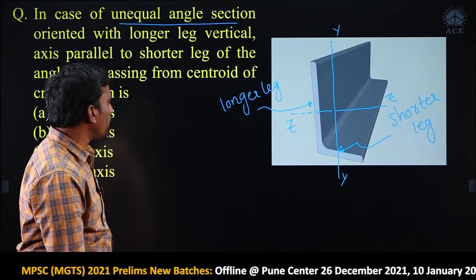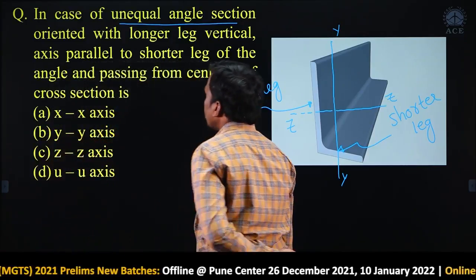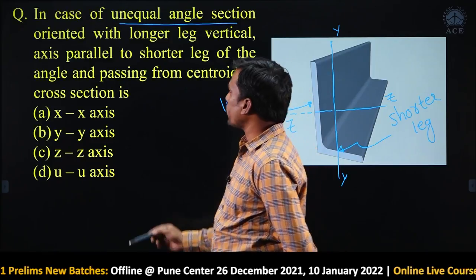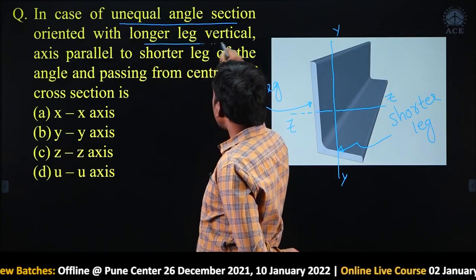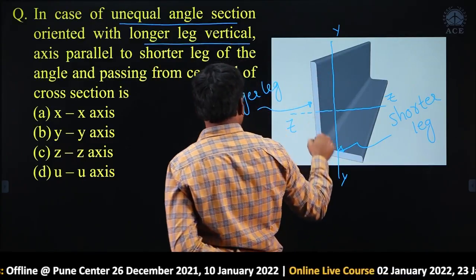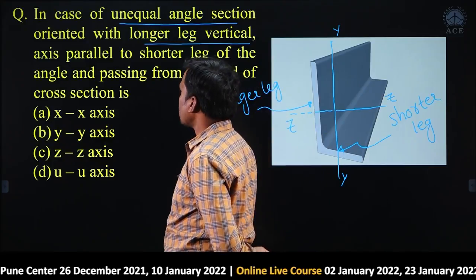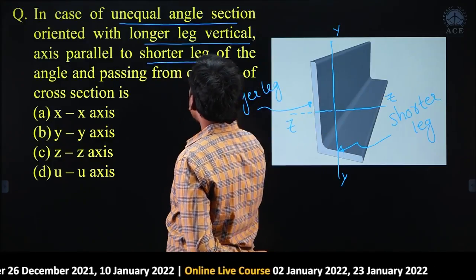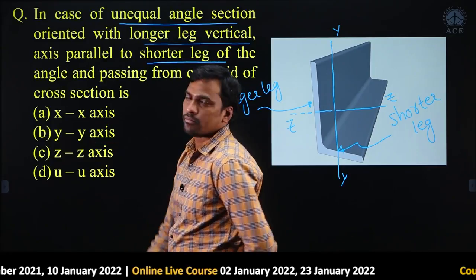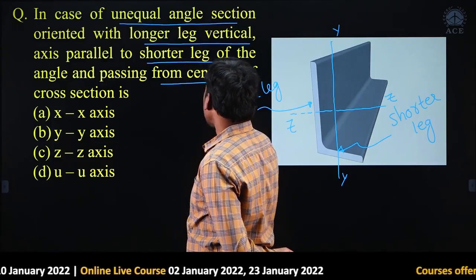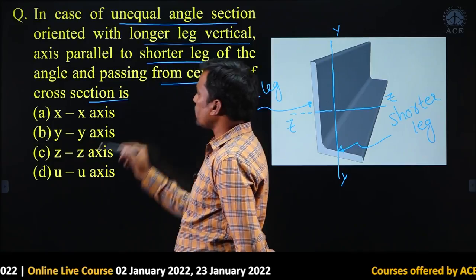Then tell me which option is correct. He has given an unequal angle section oriented with longer leg vertical. Yes, the longer leg is vertical. The axis parallel to the shorter leg of the angle and passing through the centroid of the cross section is?